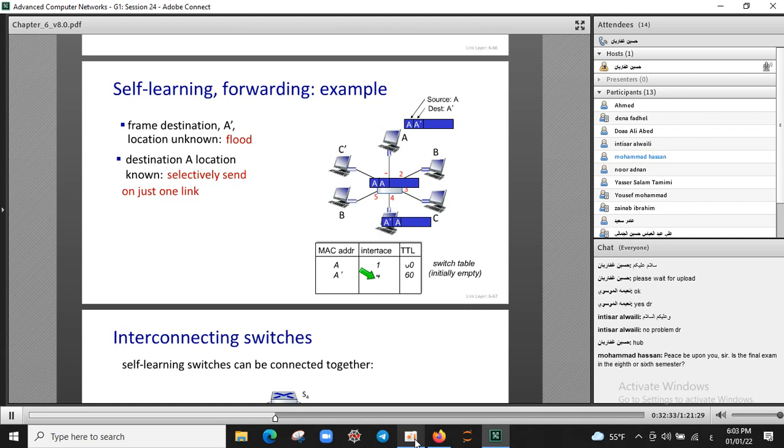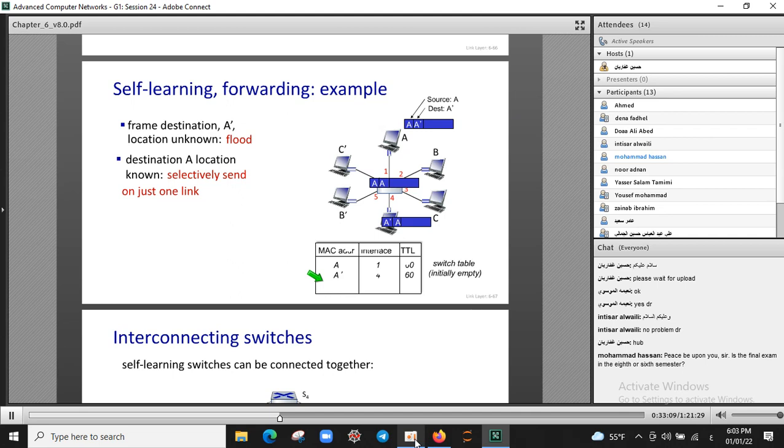After that, if the switch receives a frame for A', it simply looks into its switch table, and A' is over interface number 4. So the switch knows the destination and selectively sends the frame over only one link.